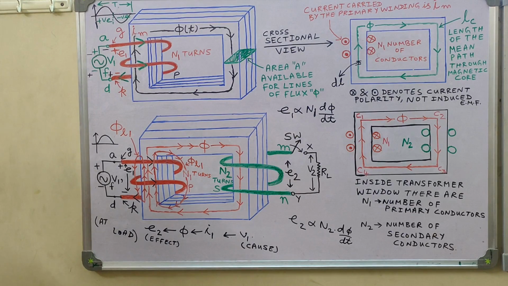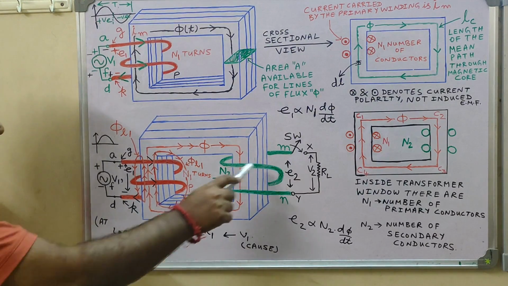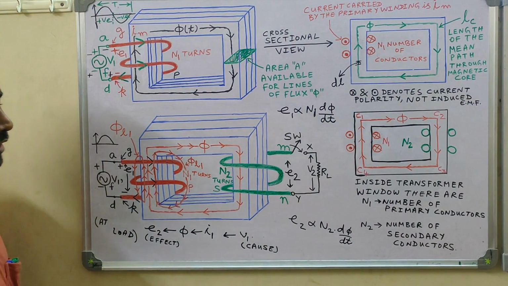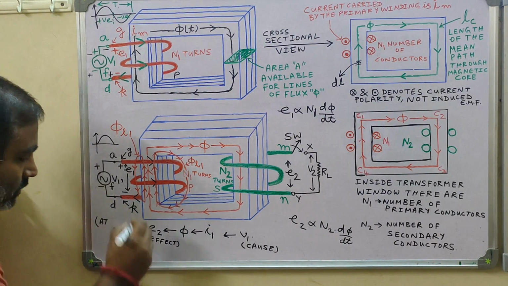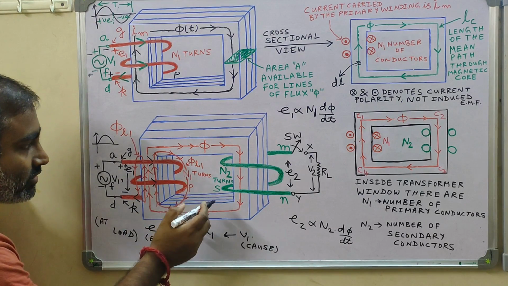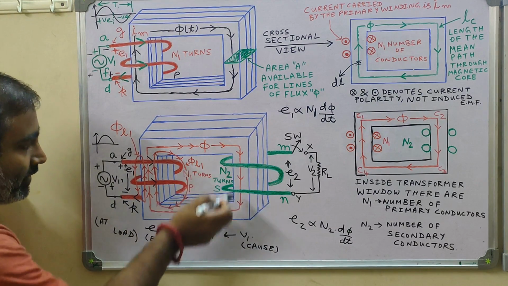So what is going to happen is that if you close the switch SW, there will be a current flowing. That current which is flowing, let it be I2. So that current I2 should create a flux which will oppose this mutual flux φ.